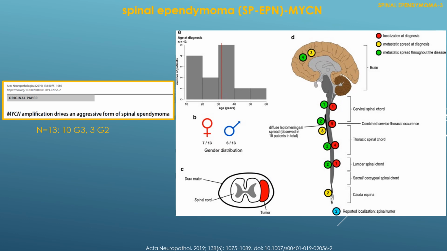The histogram depicts the age of onset at first diagnosis, with a median of 32. In this specific type, the lesion is often extramedullary intradural, as you can see in the picture of the schematic transversal spinal cord. And most of the tumors are metastatic both at the time of diagnosis and at recurrence.